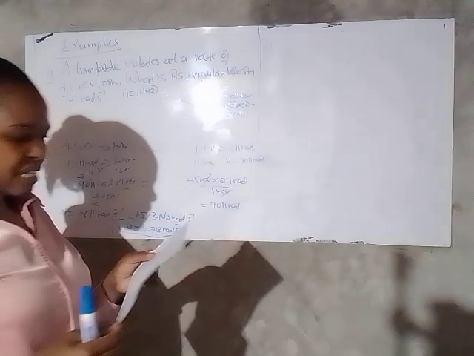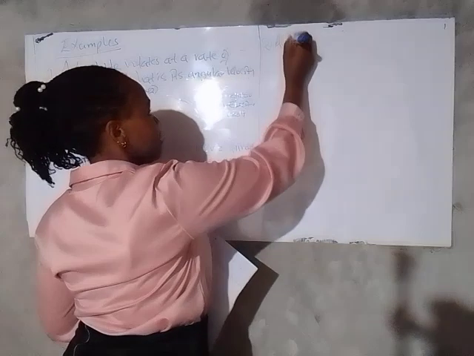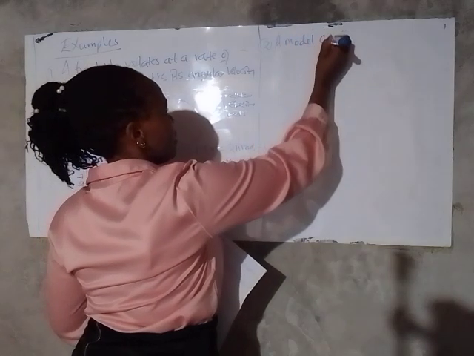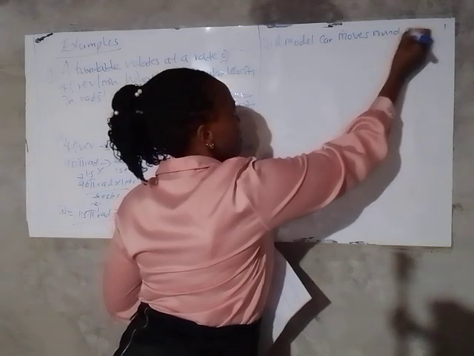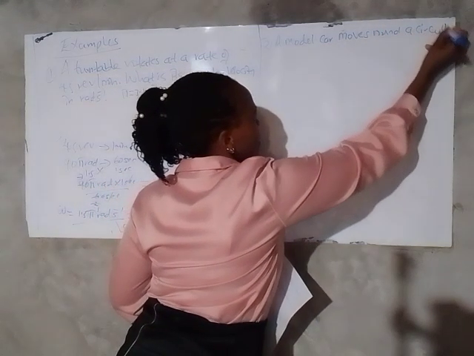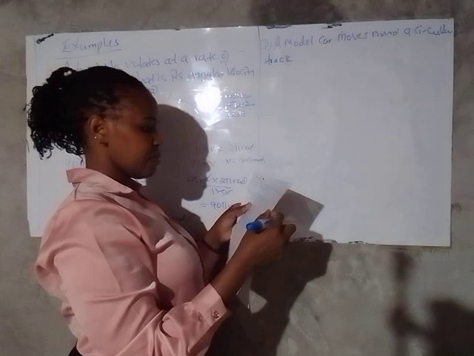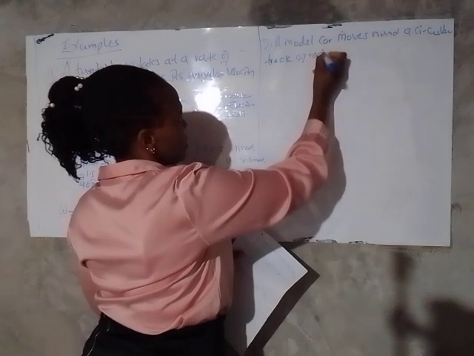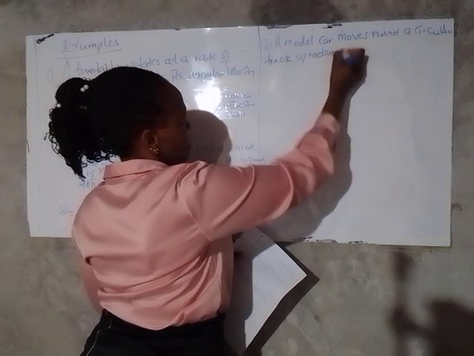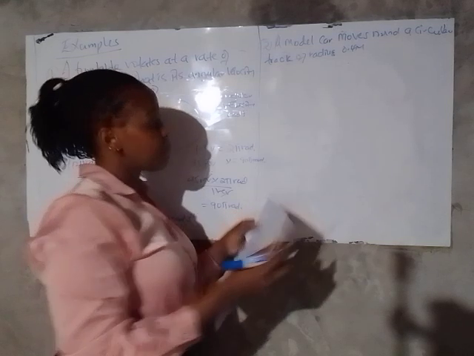So we have a model car that moves around a circular track of radius 0.4 meters at 2 revolutions per second.